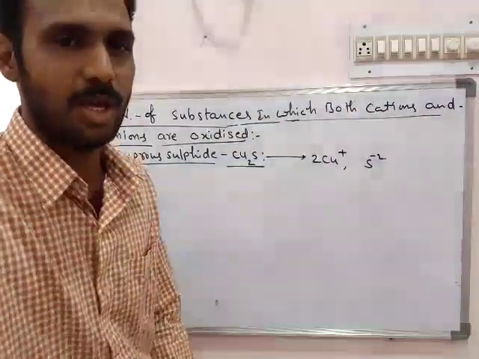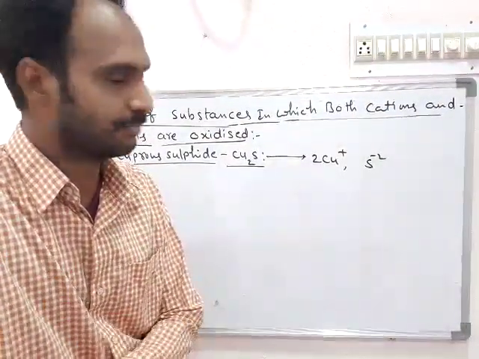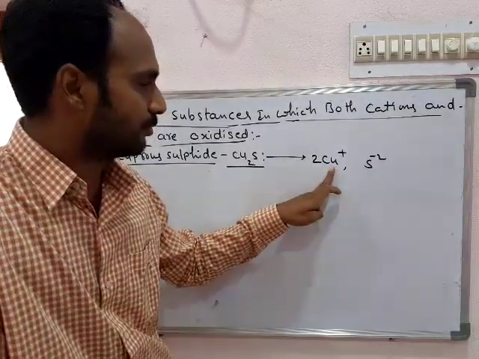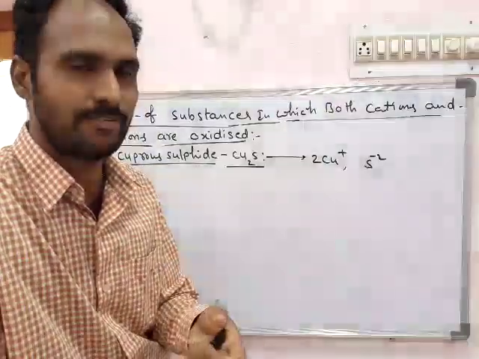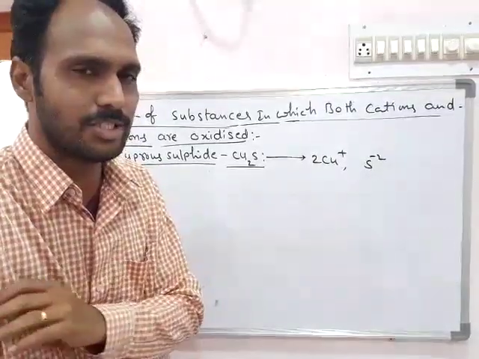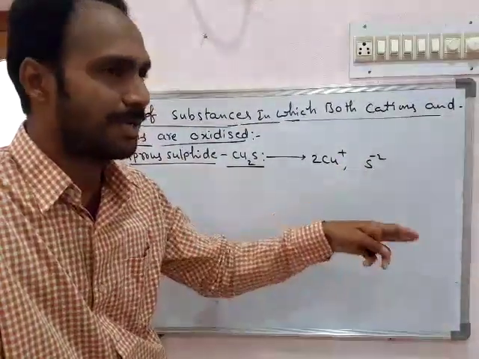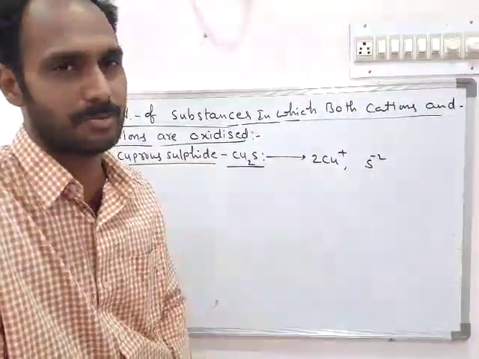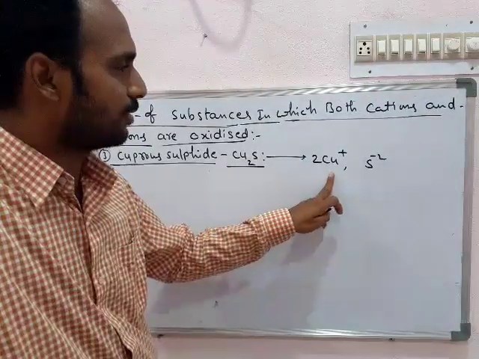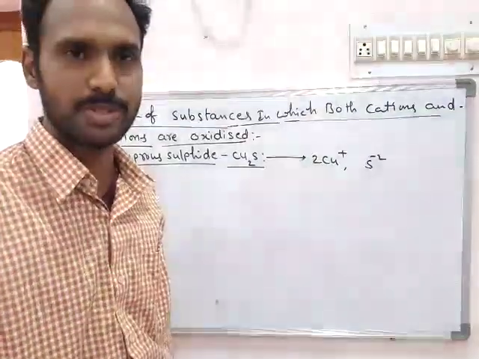Here we need to check the possibility of their oxidation. For cuprous there is a possibility of oxidation into cupric: Cu plus 1 may become Cu plus 2. So there is a possibility of the cuprous ion being oxidized into the cupric ion.